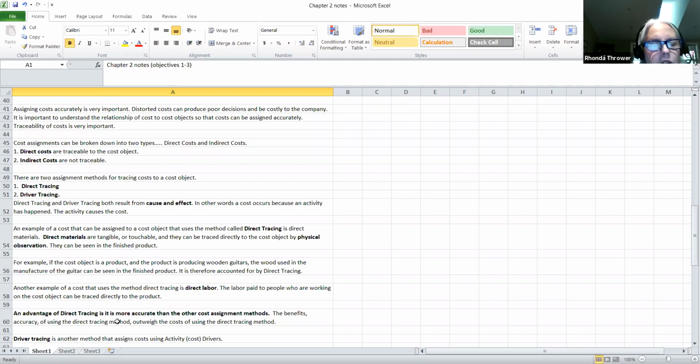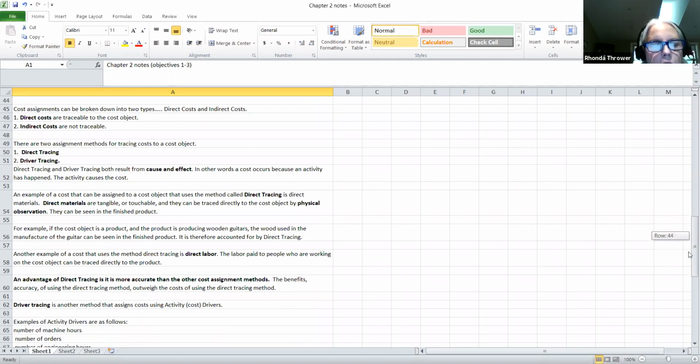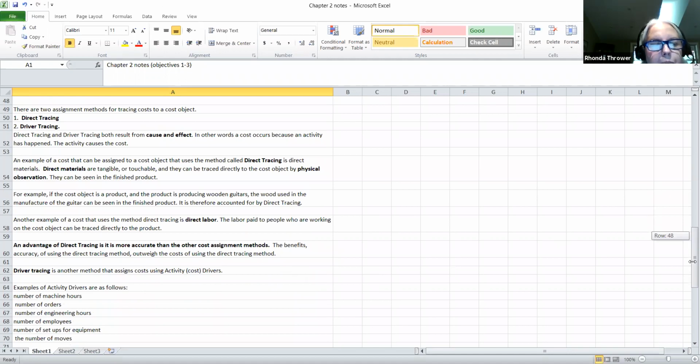An advantage of direct tracing is that it's more accurate than other cost assignment methods. The benefit of accuracy from using the direct tracing method will outweigh the cost of using it. So it's more accurate, and therefore that's an advantage of direct tracing.